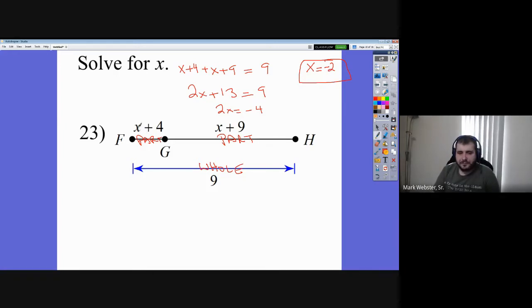Here, so negative 2 plus 4, we get that that's 2, right? Negative 2 plus 9, we get that that's 7. And if this is 2 and this is 7, do they make part plus part equals whole? Is that right? Gotta be, yeah?